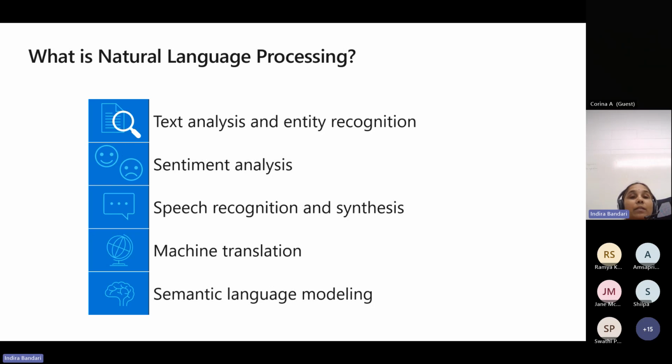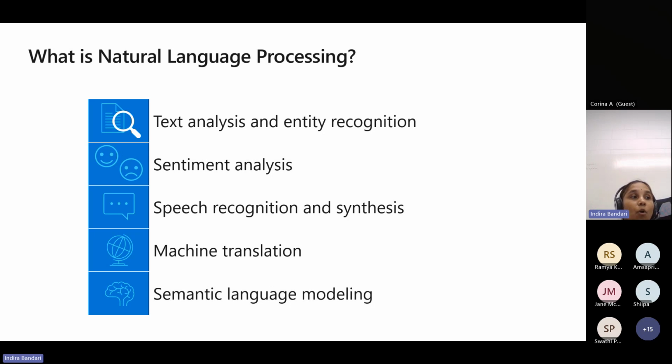What this means is you have a text. For example, you run a survey, or the best example is you have comments on Facebook or LinkedIn or Twitter. What text analysis does is it takes that text and determines what the salient points are. It does this to recognize what the entities can be, such as dates or places or people. That's how it recognizes the entities.